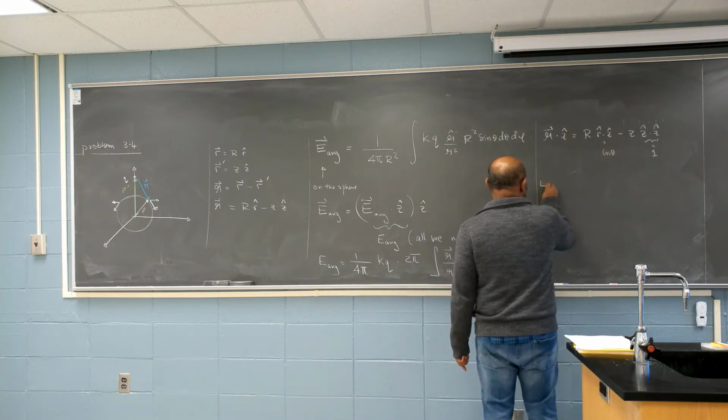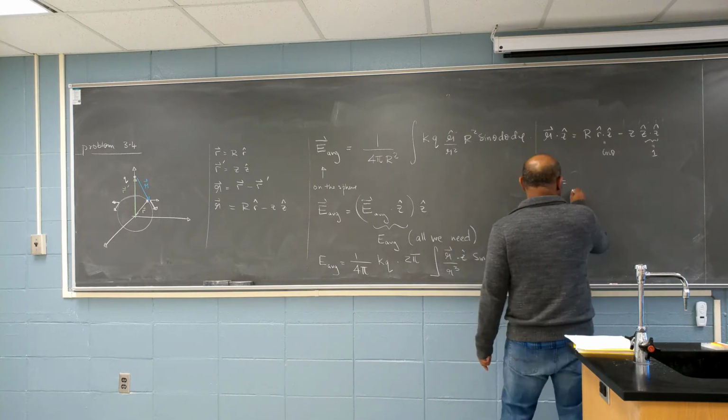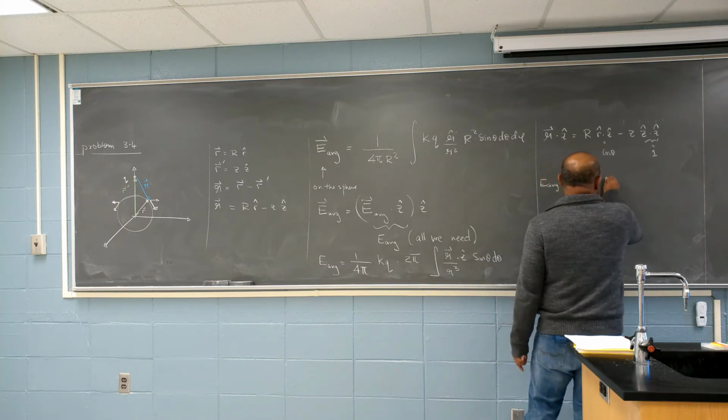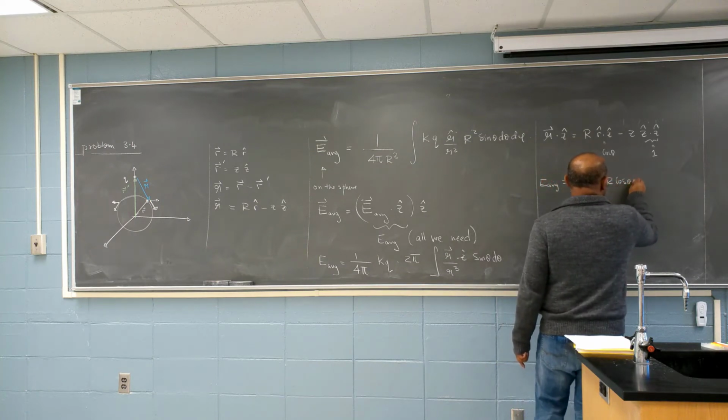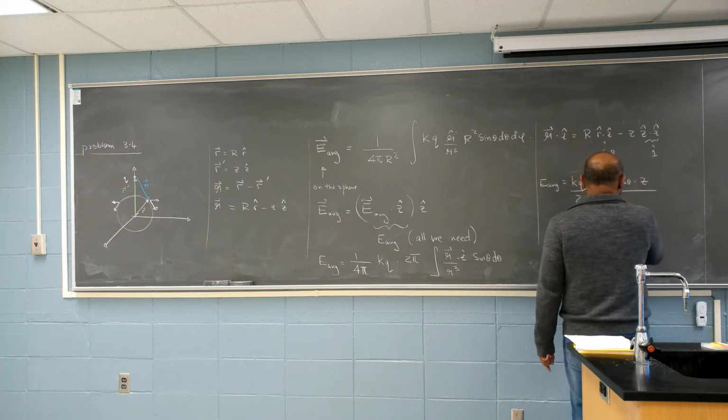So then, E average equals KQ over 2R, cosine theta minus Z over, taking the magnitude.